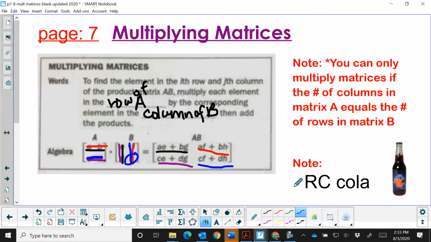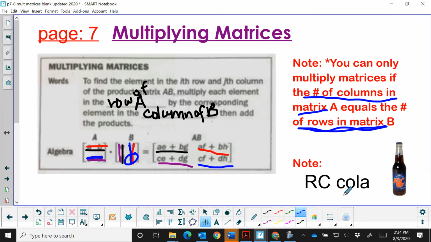So just to remember, couple things. You can only multiply matrices if the number of columns in A is equal to the rows in B. So sometimes you can't even multiply them together. So the column of A has to match with the row of B. And we'll look at that on the next slide.